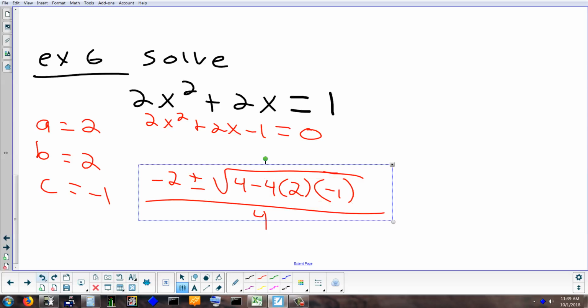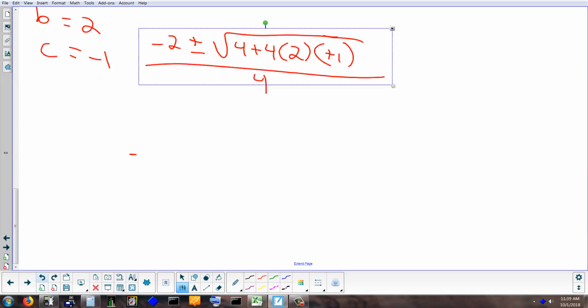So what's going to happen when you subtract a negative? It's going to turn into a positive. So I like to do that right away. So negative 2 plus or minus the square root of, let's do 4 times 2 times 1.